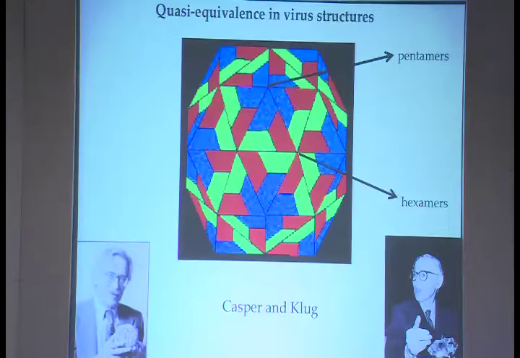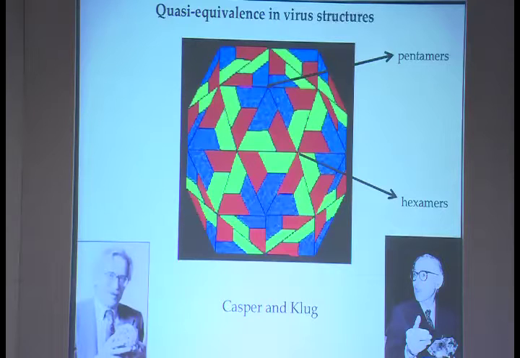So this is where the theory of quasi-equivalence comes in, that you have these subunits which are more or less equivalent because they are coming from the same gene product, they're the same protein, but the way that they have been organized is not the same.